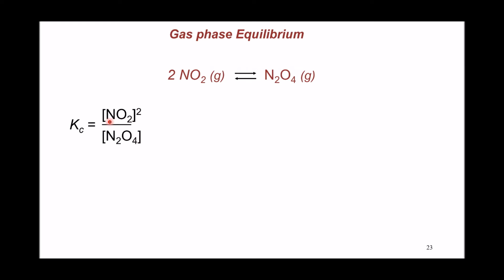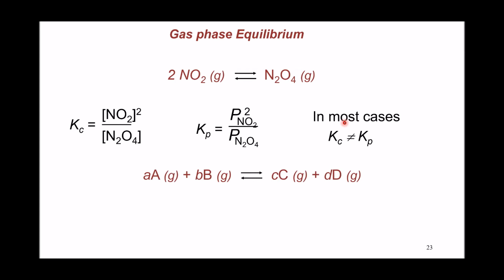However, because we usually prefer to quantify the amount of gases using pressures, we can define another pressure-based equilibrium constant for gas phase equilibrium, which is a ratio between the pressure of the products and the pressure of the reactants. And in most cases, these two equilibrium constants are not going to be equal.